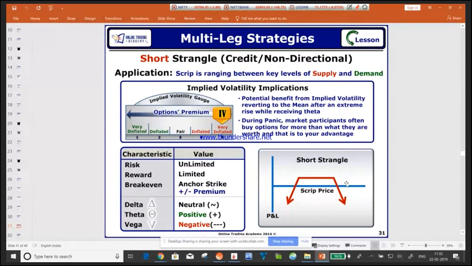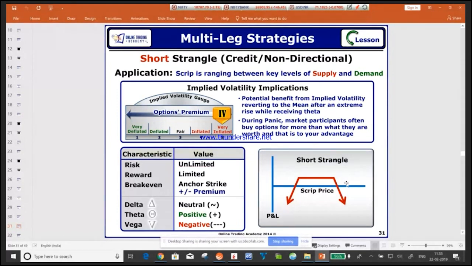The delta is neutral. Why is delta neutral? Because you're betting that you will remain in the range and there is no direction that you get from this trade. Is that clear? Because you're ranging. So that's why delta is going to be neutral. This is a delta neutral position.